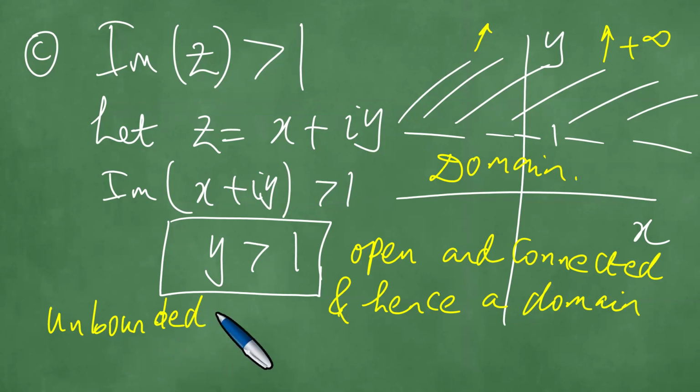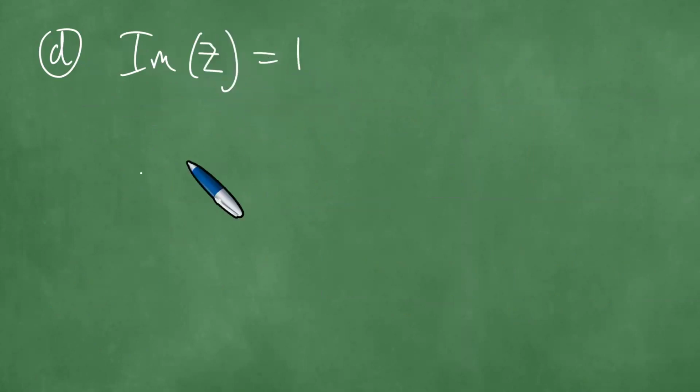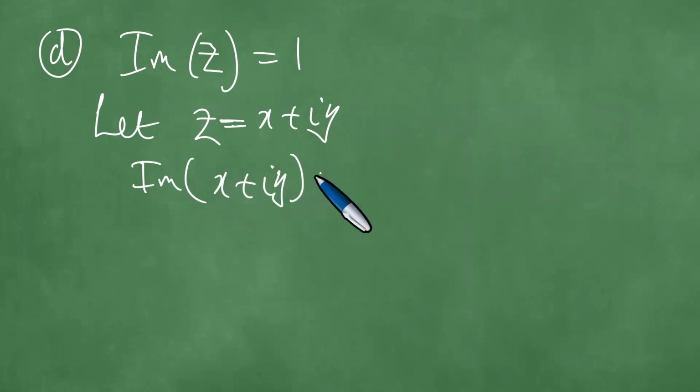Now there are other things that we can look at. This D part is very straightforward. Let's just look at D, and then we shall look at a little bit subtle notions. This one we shall be very fast with because it's very straightforward. If Z is X plus IY, we've already seen the inequality part of it, but now we see X plus IY equals 1.